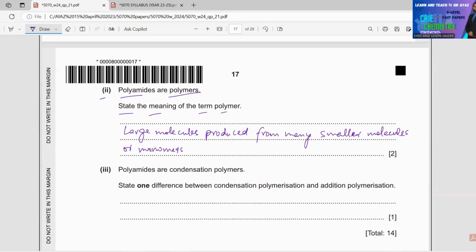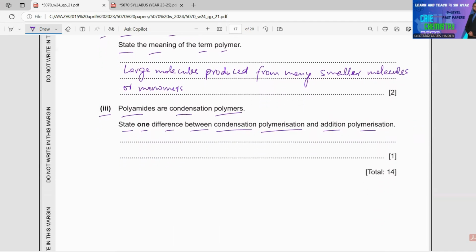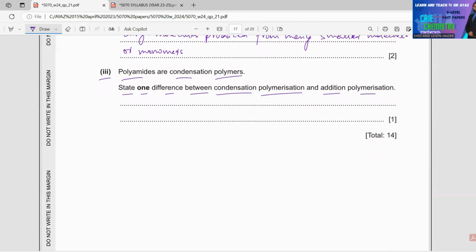Number 3, polyamides are condensation polymers. State one difference between condensation polymerization and addition polymerization. So you have to write a difference between condensation and addition polymerization. You can write any one of these.